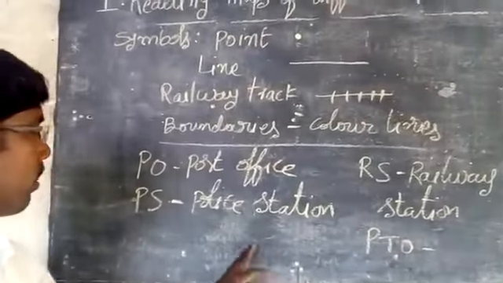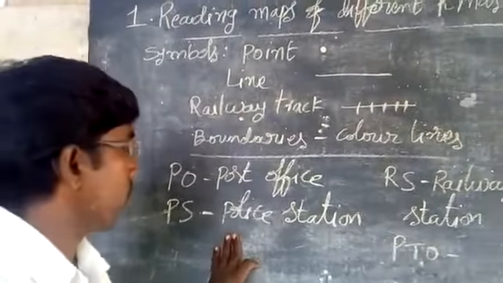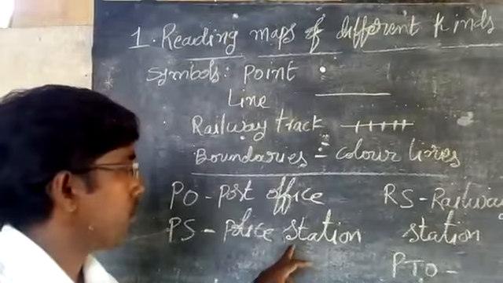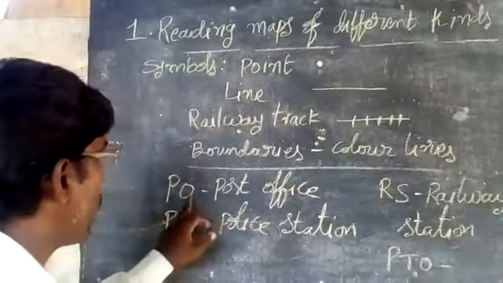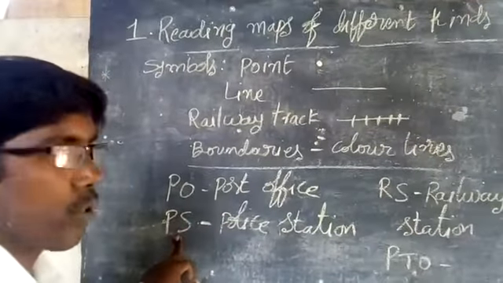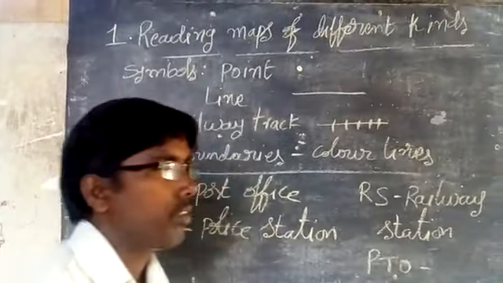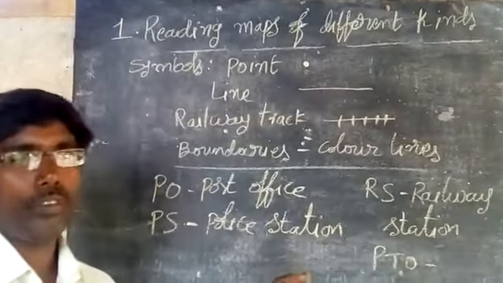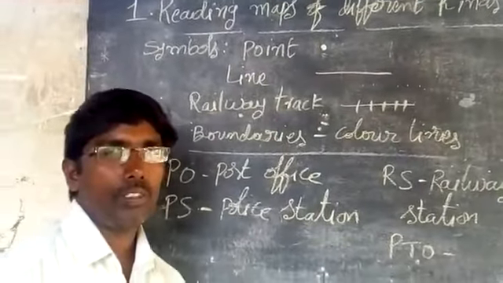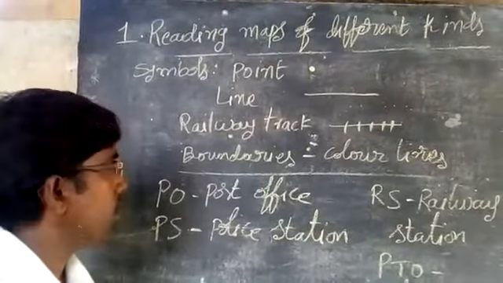Like that, these letters are used to show the police station, post office, railway station. To show these physical objects, this kind of symbols are used.